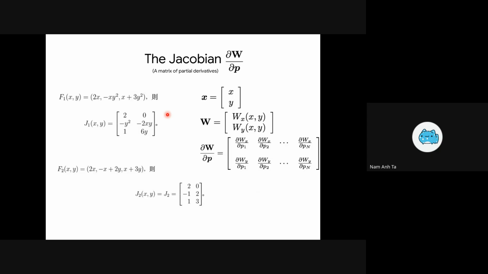Each column right here is the partial derivative with respect to a single parameter p. This is the mathematical core of the Lucas-Kanade, okay? And this will allow us to estimate the entire image positional change using a small adjustment delta p. So how does this work?